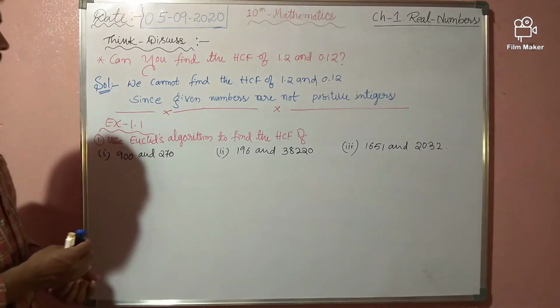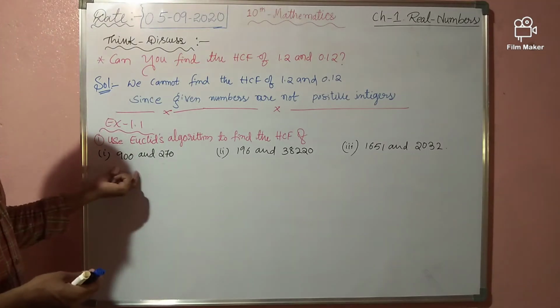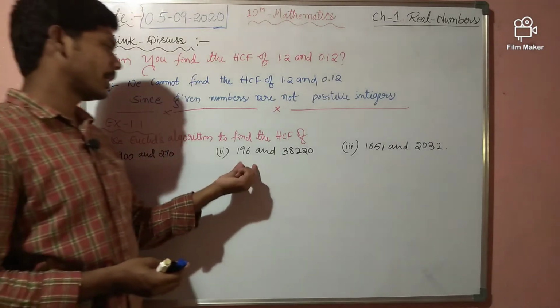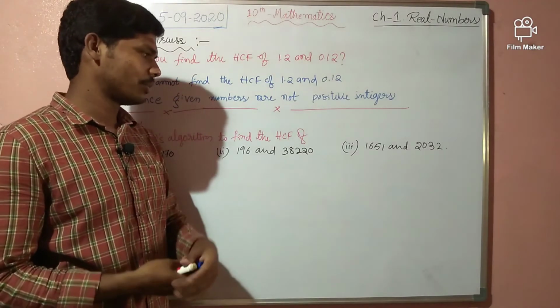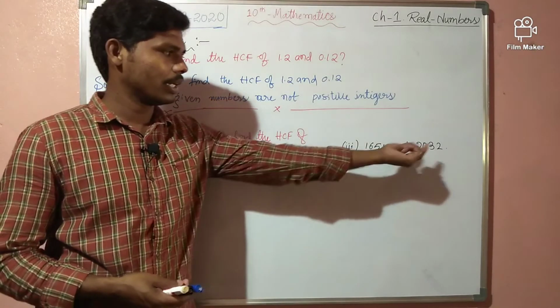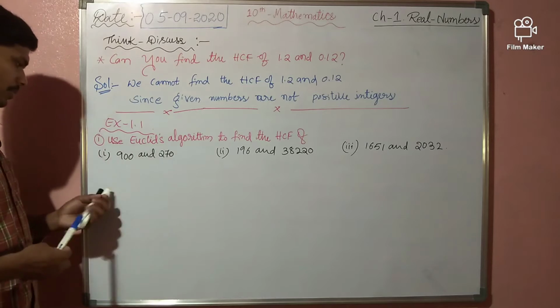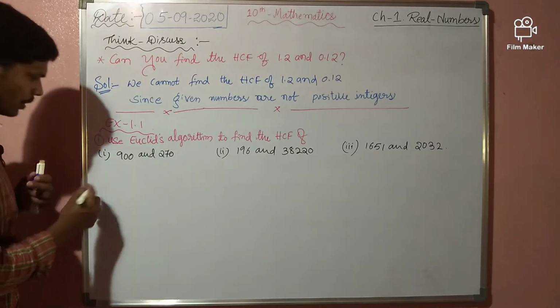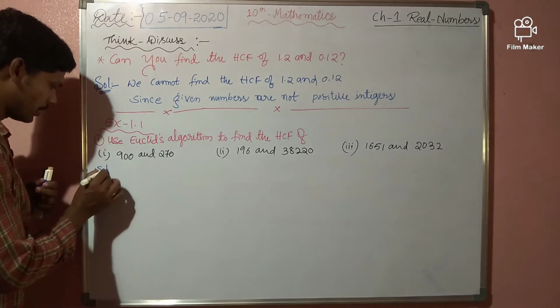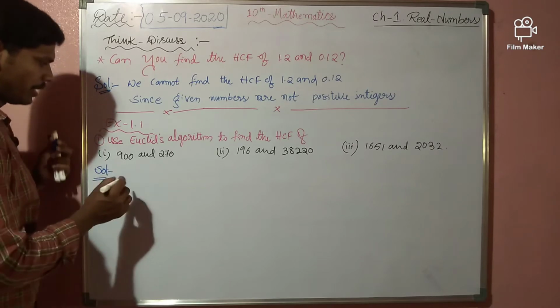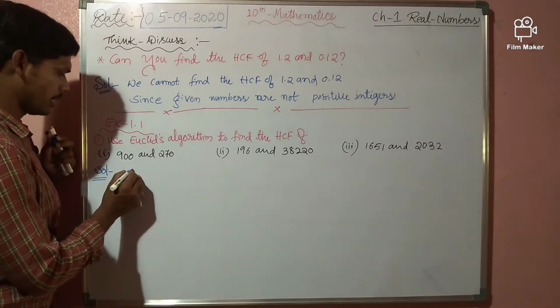Use Euclid's algorithm to find the HCF of 900 and 270. Second one, 196 and 38,220, and 1651 and 2032. So first, the solution of the first problem. The condition is the dividend is the largest number, here 900.